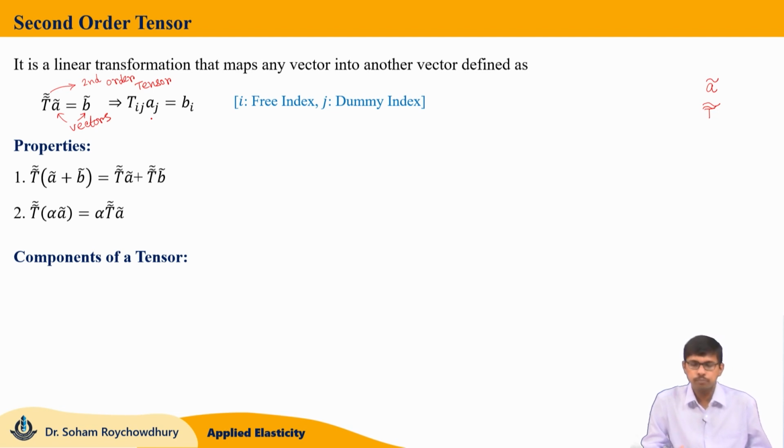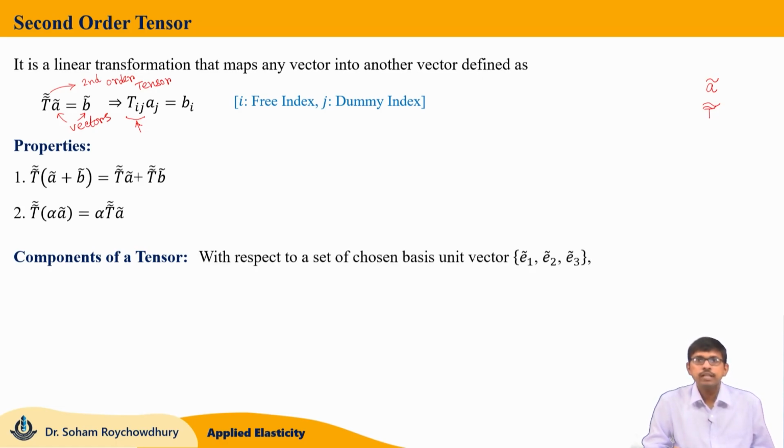Now, coming to the components. In this equation, the T_ij are the components of a tensor. i and j can take values 1, 2 and 3. We define the components of a tensor for any chosen base vectors E1, E2, E3 with the help of equations where this tensor T is operating on the unit vectors E1, E2 and E3.